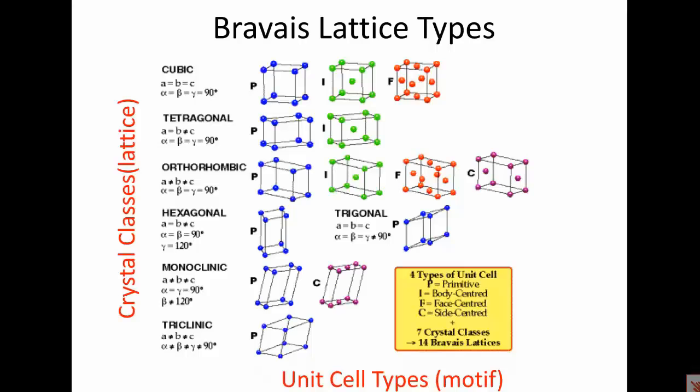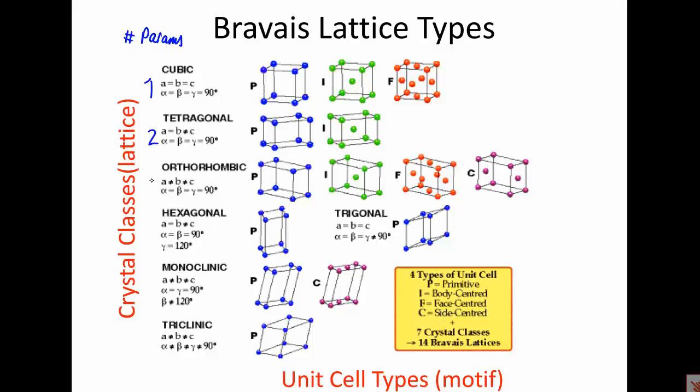In this way, we can count the number of parameters we need to describe these unit cells. For a cubic unit cell, there is only one parameter. For a tetragonal, we need to describe 2, because a and b are equal, but c is not equal to a and b.